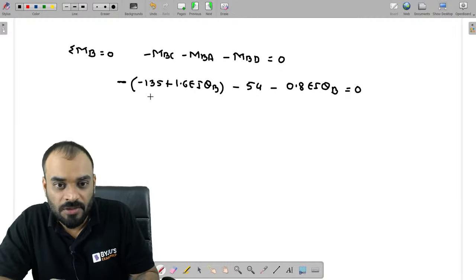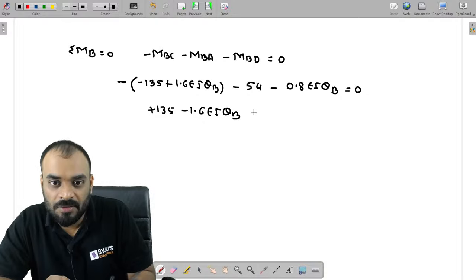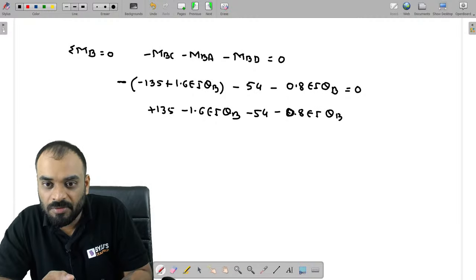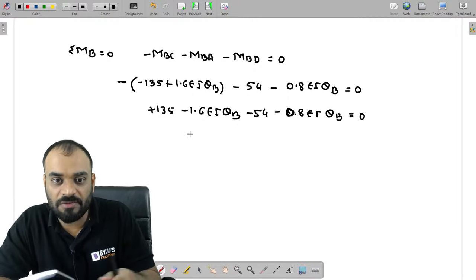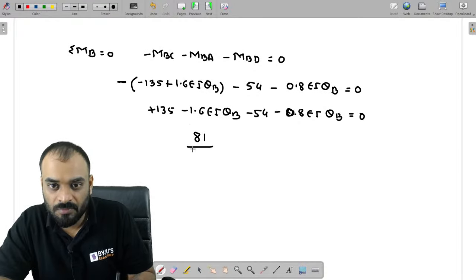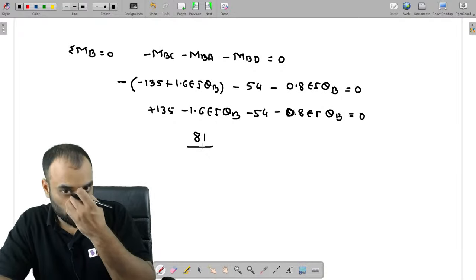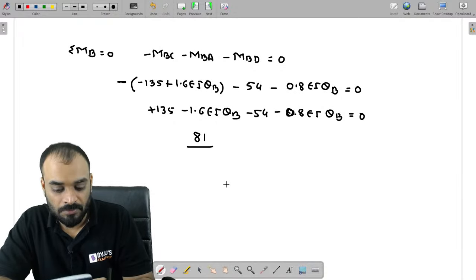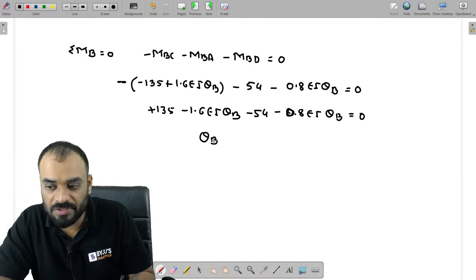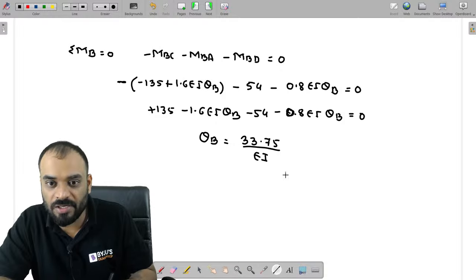Let's do it guys. This value will become 135 positive minus 1.6 EI theta B, then minus 54 minus 0.8 EI theta B, and it should be equal to 0. 135 minus 54 is 81, divided by 2.4 EI. So theta B, after solving this equation, is 33.75 divided by EI, and the value we are getting is a positive one.